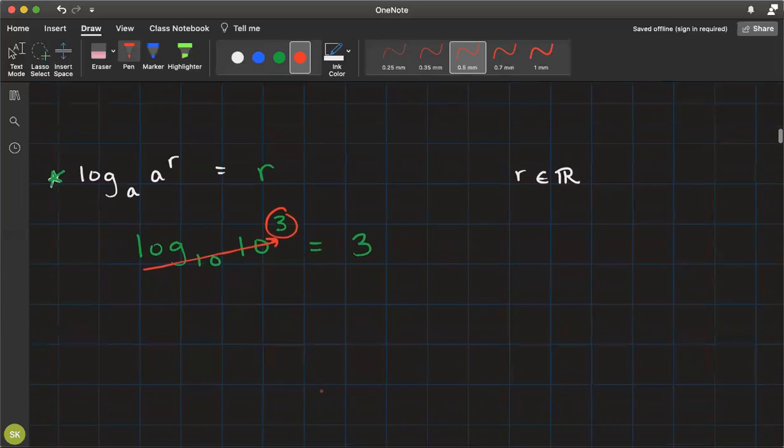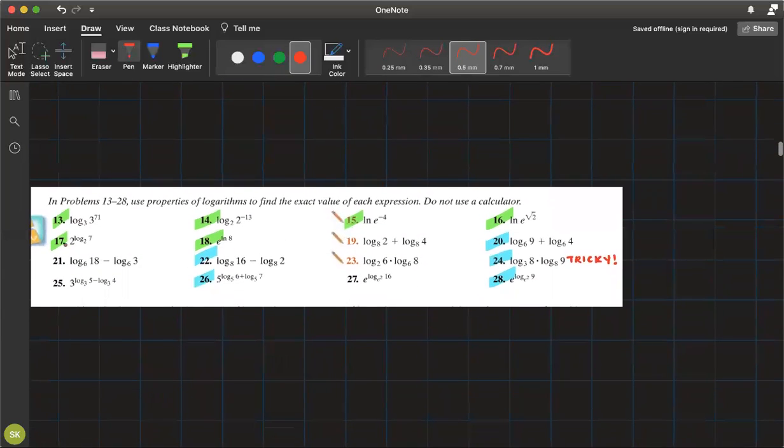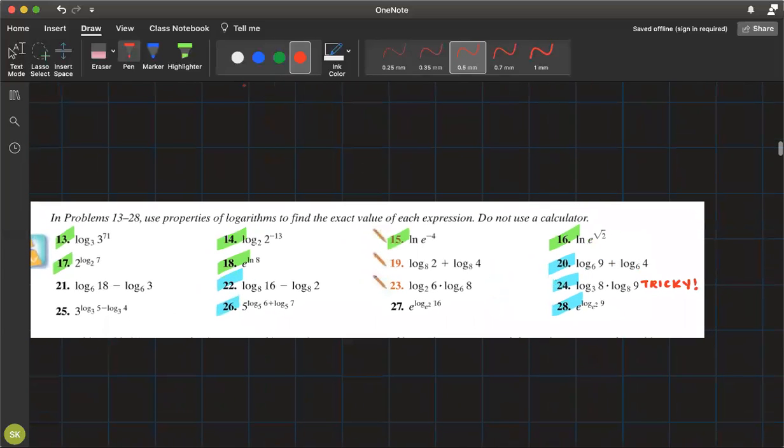So let's get some practice with these 4 rules. We're going to work on these green problems here. Let's see if we can solve them. And then we'll worry about the problems that are in the blue a little bit later. So the first problem is number 13, and why they're numbered like this is because they're actually problems from a book.